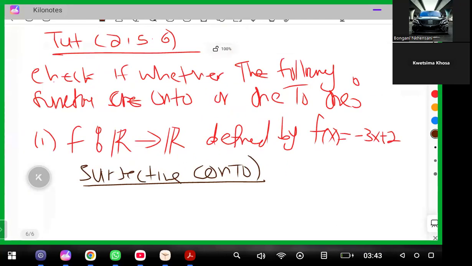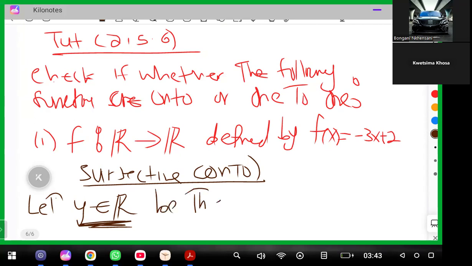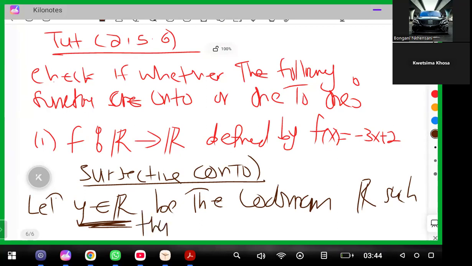I'm going to say let y be an element of real numbers, so that we can verify if it's true, the codomain, such that f of x is equal to y.